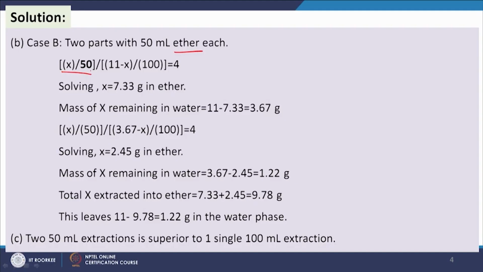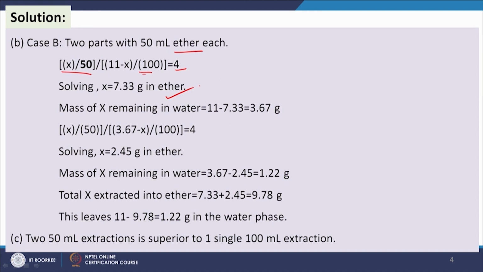Then x divided by 50 is the concentration of X in the organic phase, that is ether, and 100 ml water we have taken. So, 11 minus x is going into the water. So, x by 50 divided by (11 minus x) by 100 is equal to 4, because the K value is always constant. By solving, x equals 7.33 gram in ether.